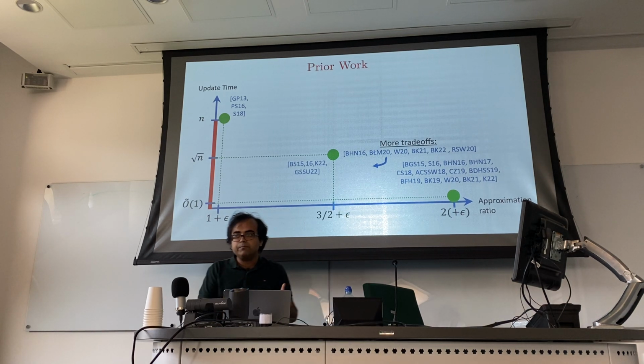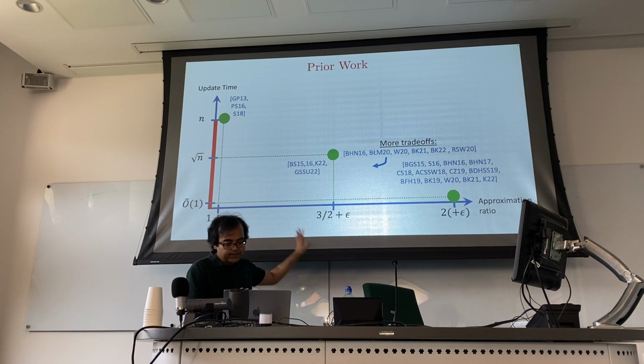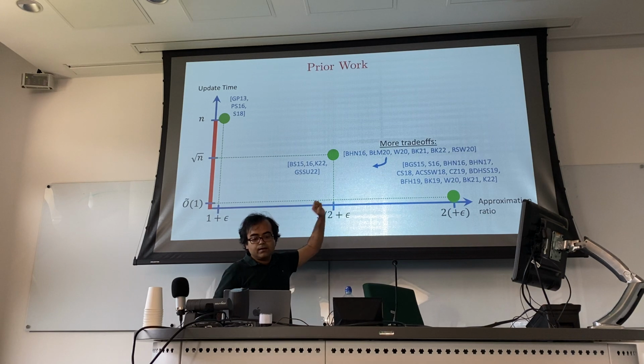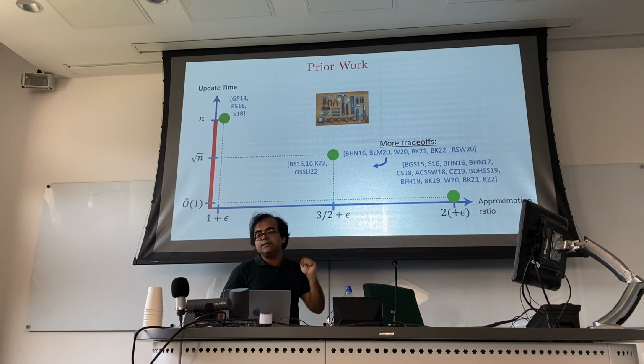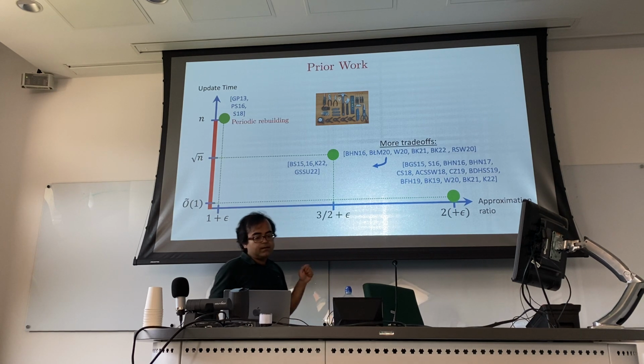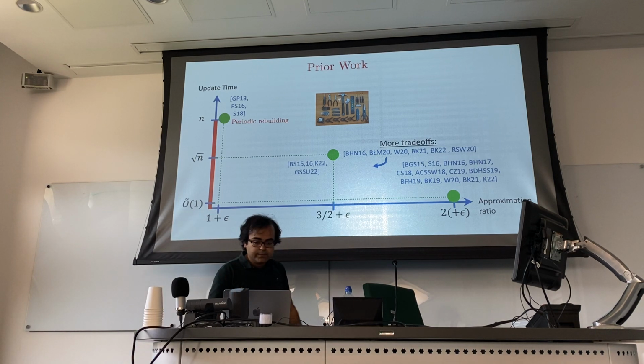However, what is more important is, if you just look at this plethora of results, there is a method behind this madness. It's not that these are just isolated bits of results. So what can we say in terms of techniques that are used to achieve these results? There are basically 3 sets of techniques. The first one that gives us 1 plus epsilon approximation is achieved by something called periodic rebuilding.